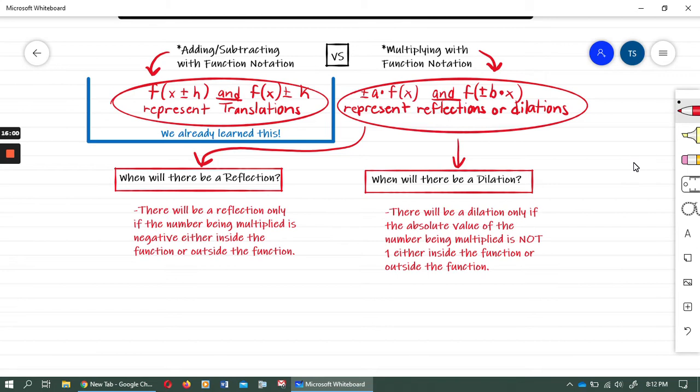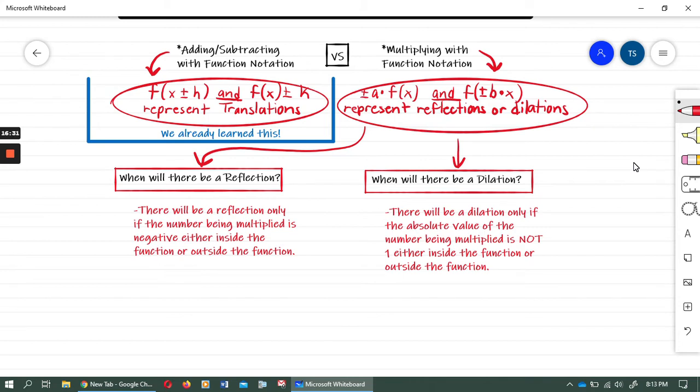So the only time that a value is going to get smaller or bigger is if we multiply it times some number that is not 1. I do hope that makes sense to you guys. You should know that when you multiply any number times 1, it stays the same. And if it stays the same, it cannot be a dilation. If it stays the same size, it can't be a dilation.